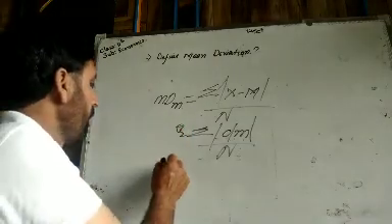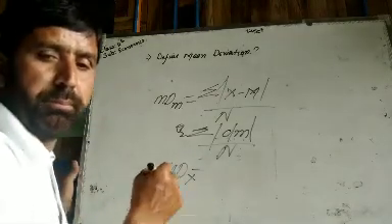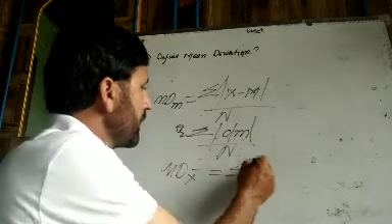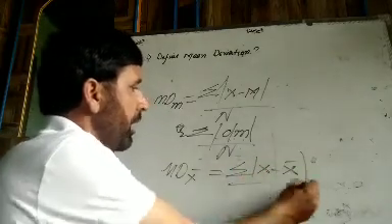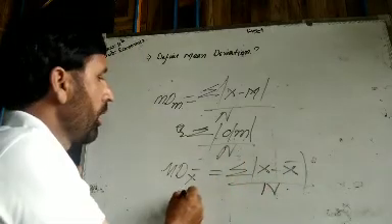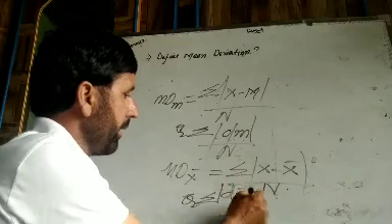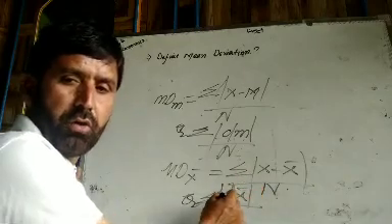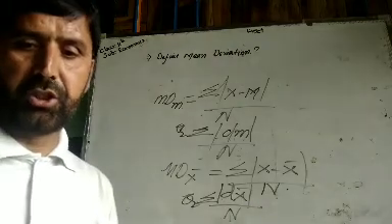If the deviations are taken from the arithmetic average of the series, then MD about x bar, or mean deviation from mean, is equal to the summation of the absolute value of x minus x bar upon n, or summation of deviations from mean upon the number of the deviations.